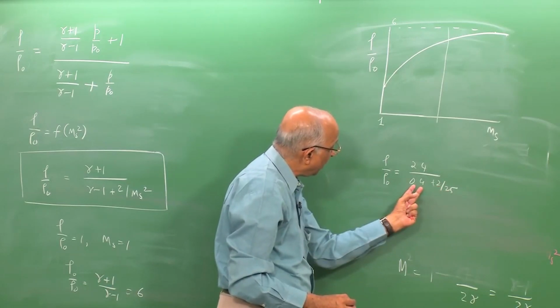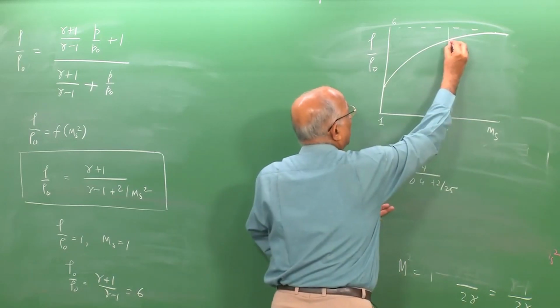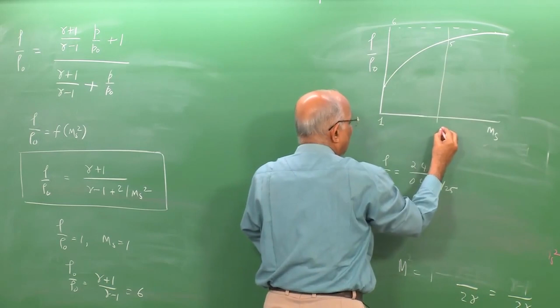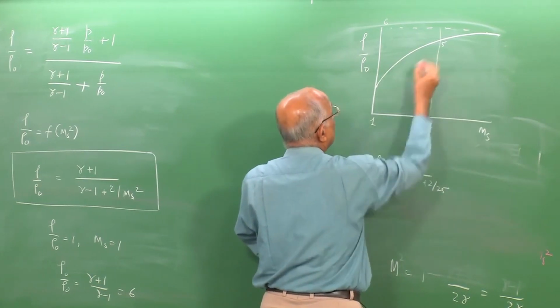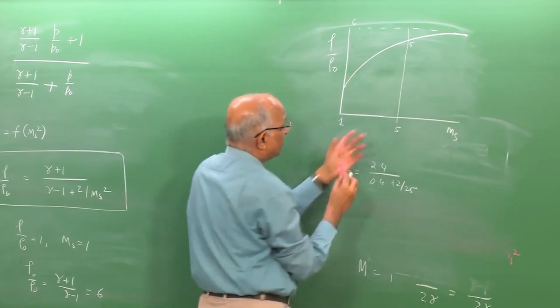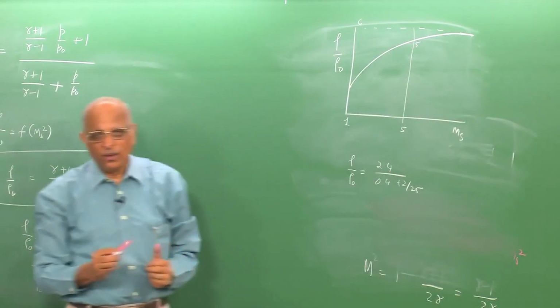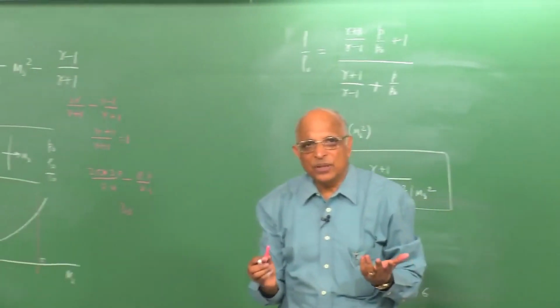Adding 0.4 gives 0.48, so we are talking of a number of around 5 or so, even when the Mach number is around 5. That means the value increases from 0 to 6 as the Mach number increases; the density ratio also increases. Therefore, we are now able to say something more.